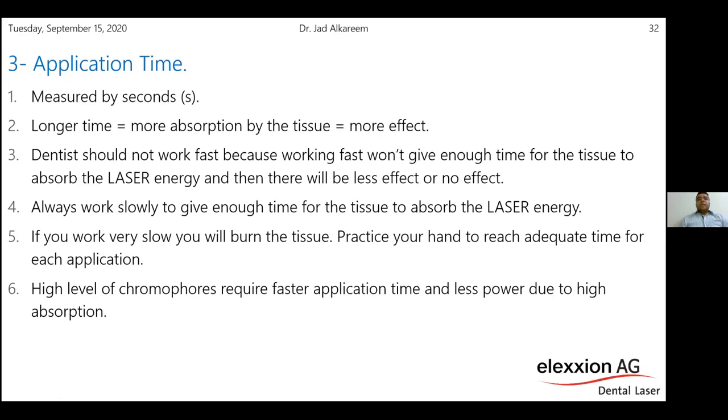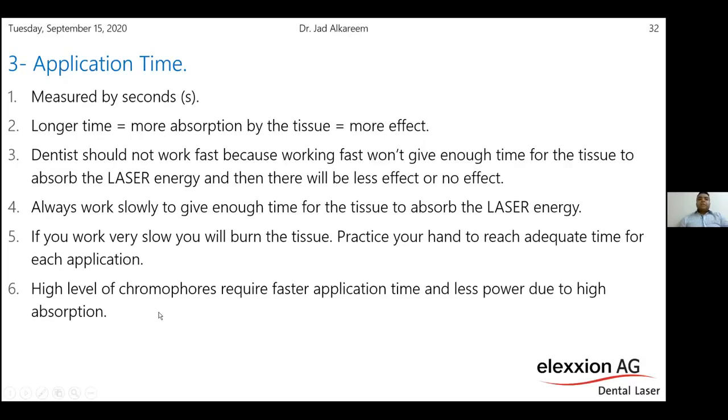So at any time you have to work slowly. You don't need to work very fast, because if you work very fast, you will not give enough time for the tissue to absorb the energy, and at the end, you will not receive a correct effect. So usually, you try to work as slowly as possible to give enough time for the tissue to absorb the laser energy, and then you will be able to have a better effect.